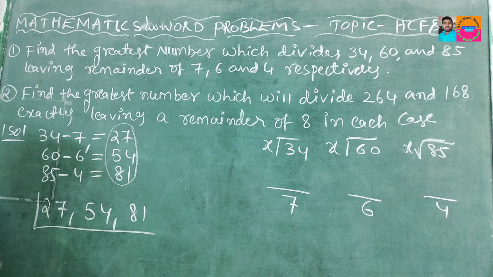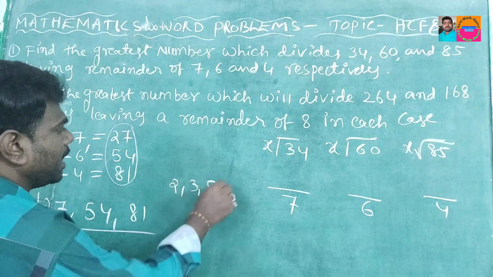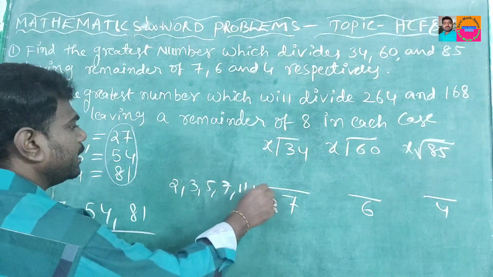First we know the prime numbers: 2, 3, 5, 7, 11, 13 and so on.